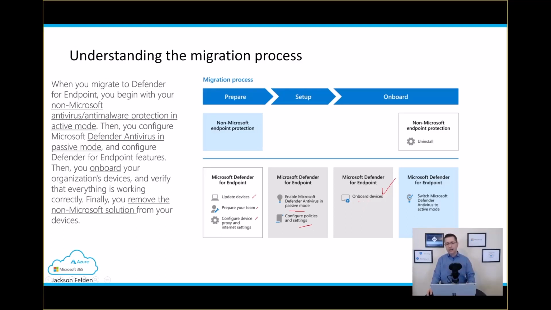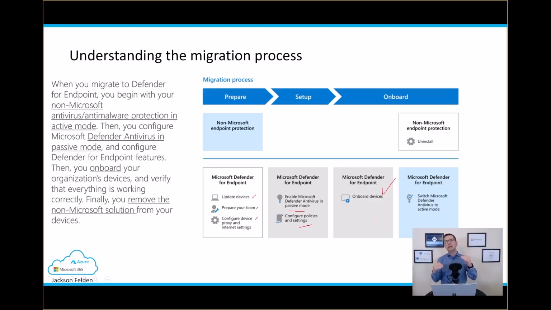Anyway, at this stage, after doing the onboarding, we actually have two AVs running on the same device at the same time. I still have my AV, could be Symantec, could be McAfee, it really doesn't matter. It is still there running as active. And then I have just onboarded my second AV, in this case Defender for Endpoint, as passive.